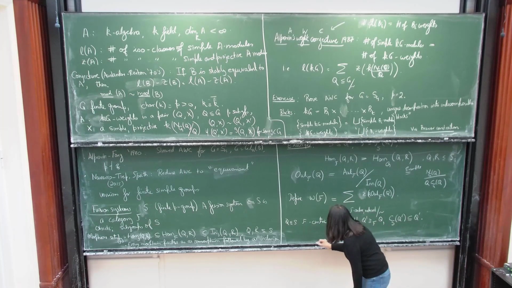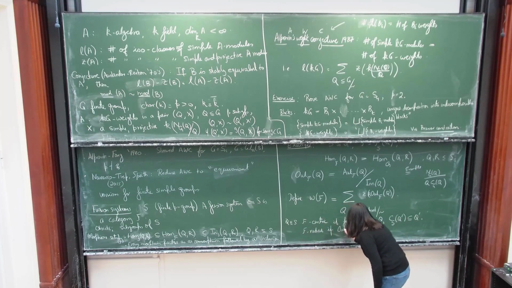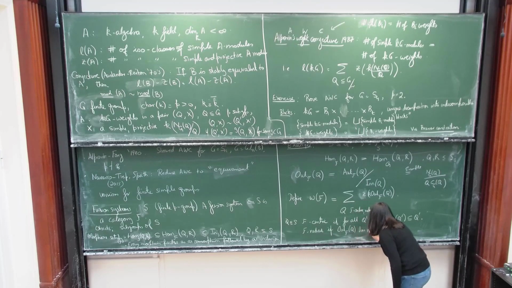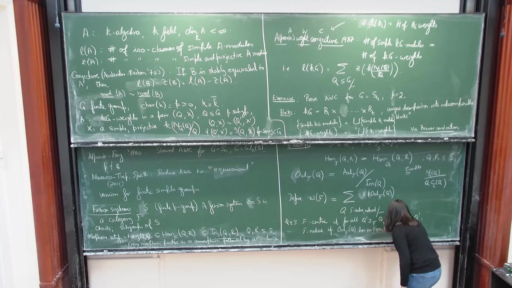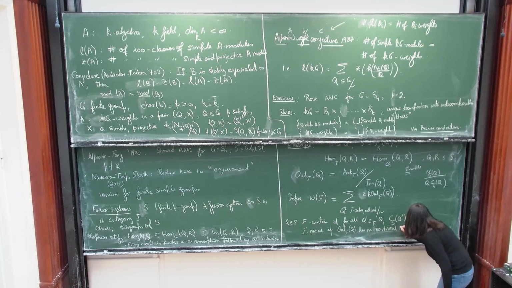And it is radical if this outer automorphism group, Out_F(Q), has no non-trivial normal p-subgroups.